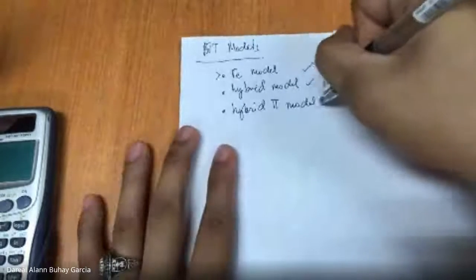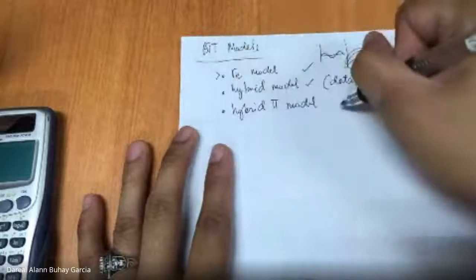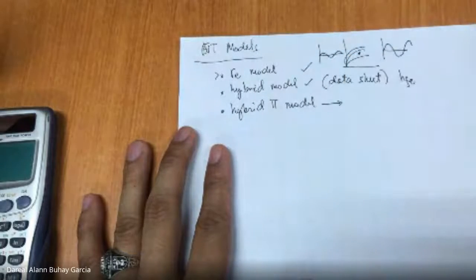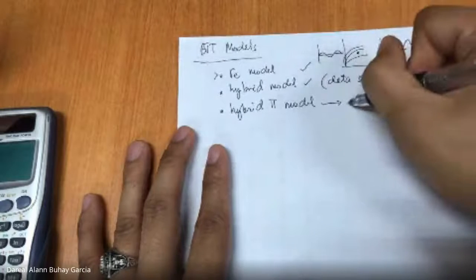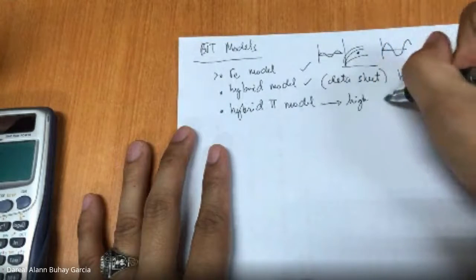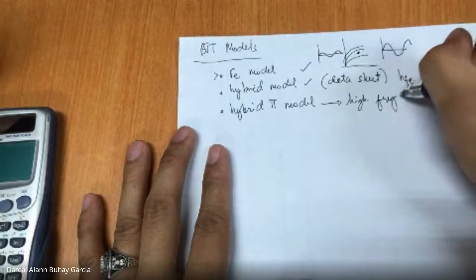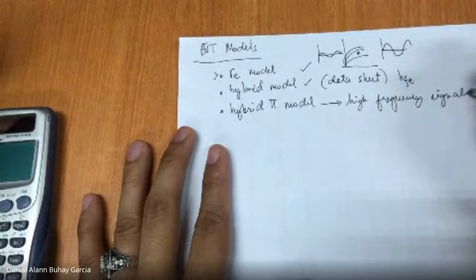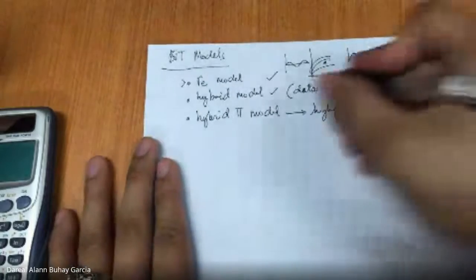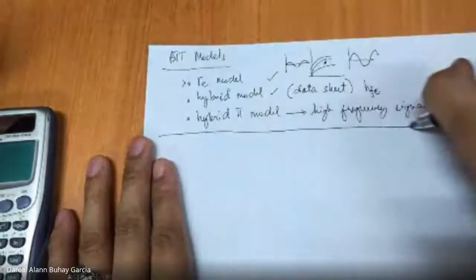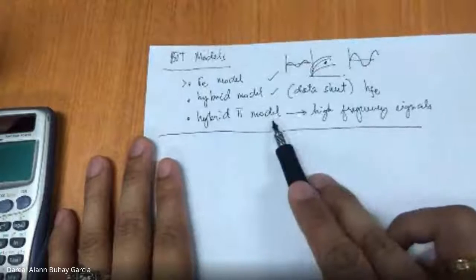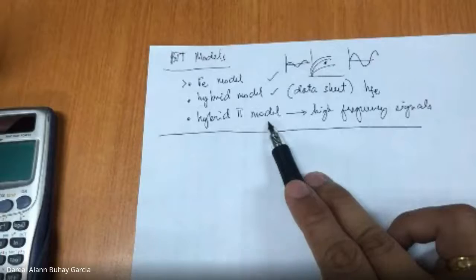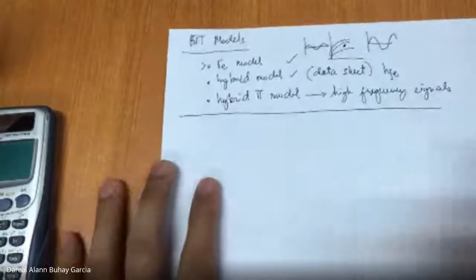The hybrid pi model is a very good approximation, very useful for high frequency signals. If our application is not high frequency, we can just use the RE model. The hybrid pi model may be introduced in more detail when we look at the frequency response of our amplifiers.